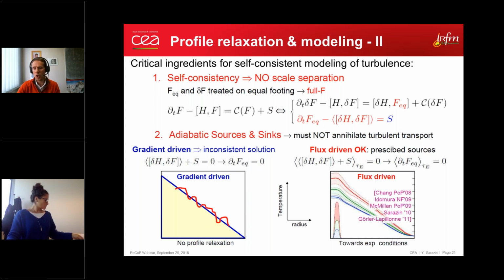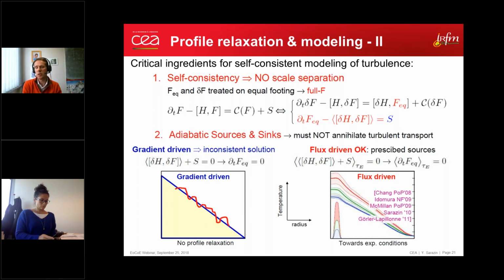So in the end, you heat the system, the temperature develops, and turbulent transport pops up once your temperature gradient has exceeded the threshold for the instability. Then you have some relaxation, and the temperature profile oscillates around a mean value, with the fluctuations corresponding to the turbulent dynamics.